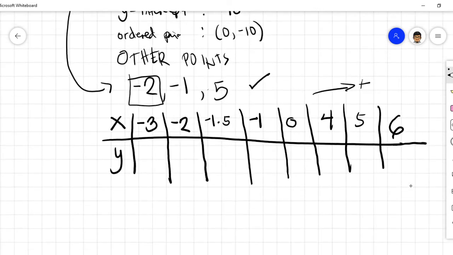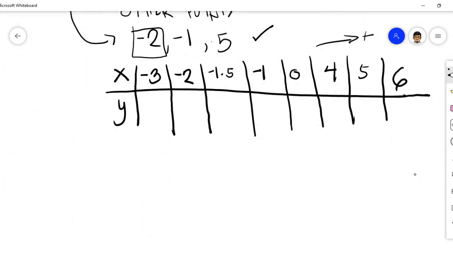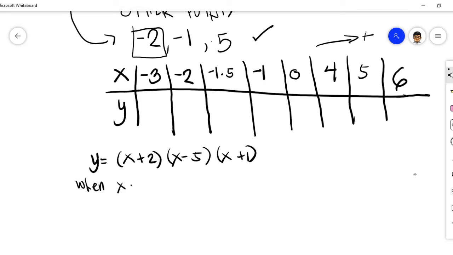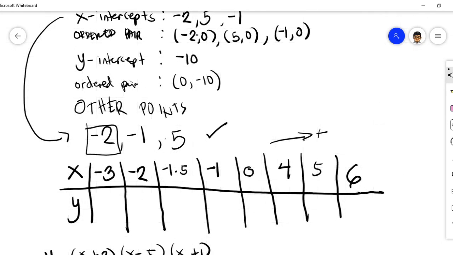Okay? Now, let's solve. Our given function is y is equal to quantity x plus 2 times quantity x minus 5 times quantity x plus 1. Okay? So, let's solve when x is equal to negative 3. But before that, these are the ordered pairs we have at first. Right? So, when the x-intercept is negative 2, the y value is 0.